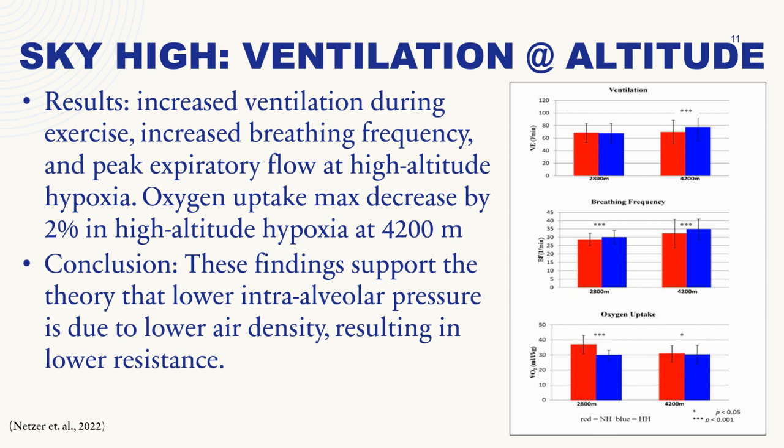Ventilation was increasing drastically at 4,200 meters within the hypobaric hypoxia environment. However, at 2,800 meters, the difference was barely noticeable. Oxygen uptake is the only one where the normobaric hypoxia was superior at both altitudes. So oxygen uptake actually improved when it was in a simulated environment.